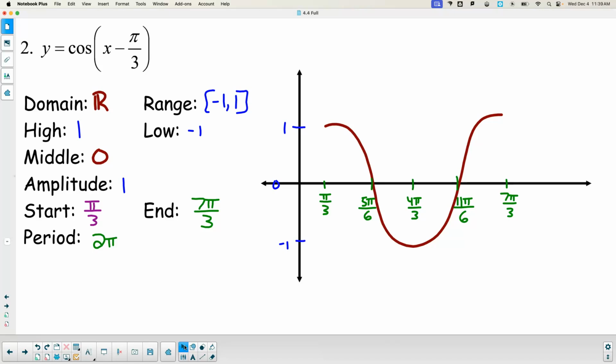Complete graphs for these trig functions have 3 labels, high, middle, low, and 5 labels: start, quarter, half, 3/4, and end.